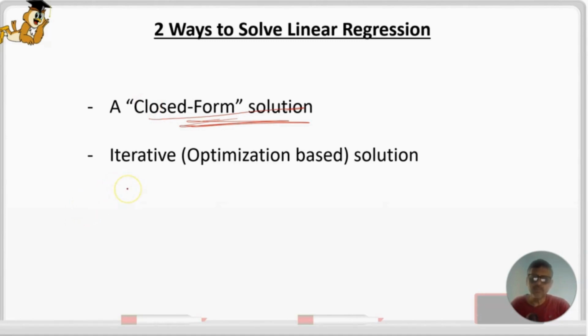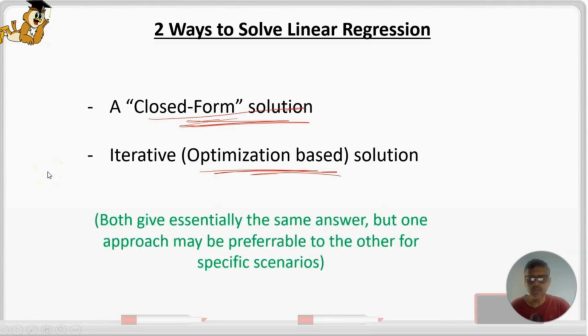The other type of solution that can be used for solving the linear regression problem is an optimization based solution, somewhat similar to what we did in the case of the classifier. Iterative optimization solutions are always iterative. That is the second way to solve the linear regression problem. We will cover both of them in this lecture.